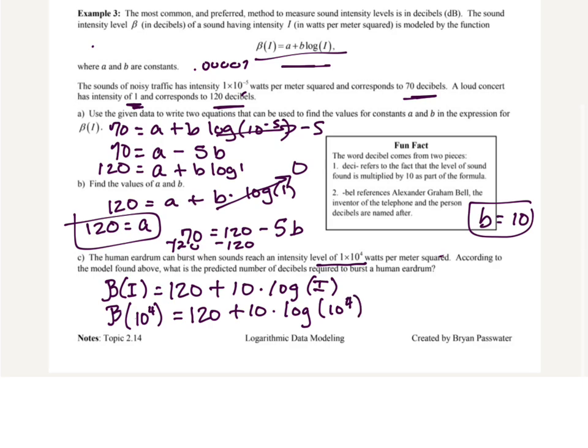Log base 10 of 10 to the 4th is 4. So 120 plus 10 times 4, 160. 160 decibels to burst an eardrum based on this model. Is that true? Cool beans? I don't know. It's close. 160 decibels. All right, audio engineer, what you got? Is it? Yeah.